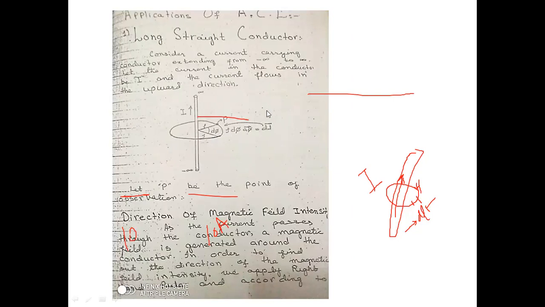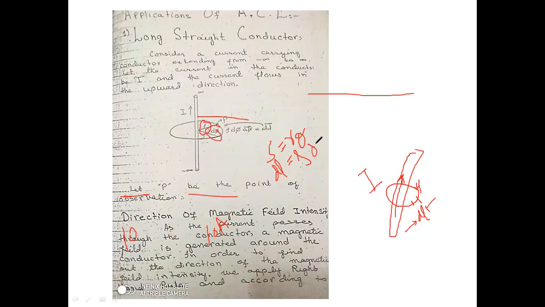According to s equals r theta, s is actually a dl, a small portion of the length of the closed path. Here the radius is rho, so r will be rho, and for the differential length the theta is d phi.